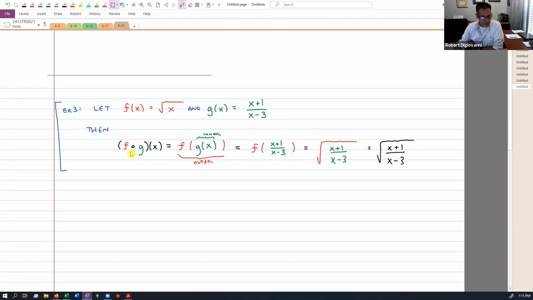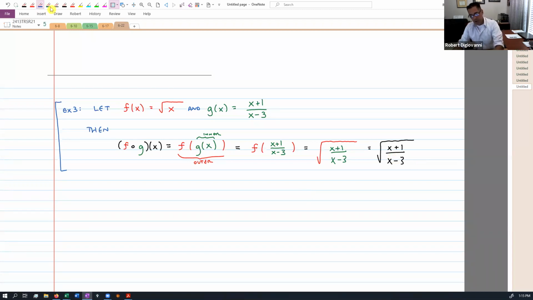If we're asked to find f of g of x, you're going to take the outer function to be f and the inner function to be g. First, you start by replacing the g of x with the expression. And then you still have to plug all of that into f. And all f does is take the square root. So we're just going to take the square root of all that, and that's your answer. That's it right there.